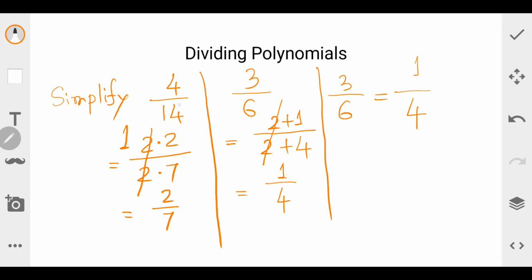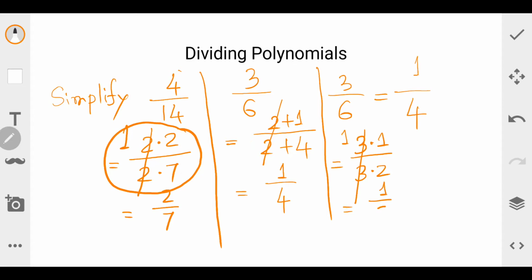Okay, so let's look at the first scenario when we did this. So let's do this using this method. So I'm going to do 3 times 1, and I'm going to do 3 times 2. Cancel the 3's, and I can see this is half. Okay, so 3 over 6 is actually half.